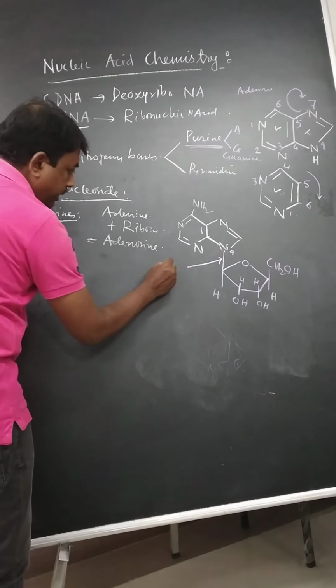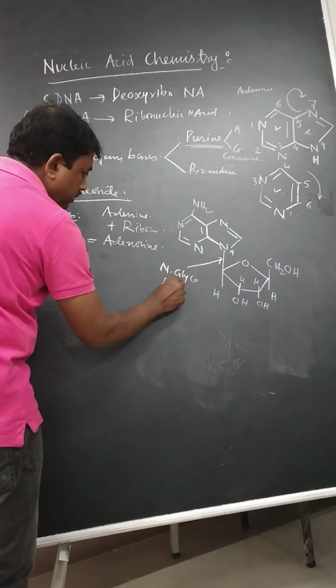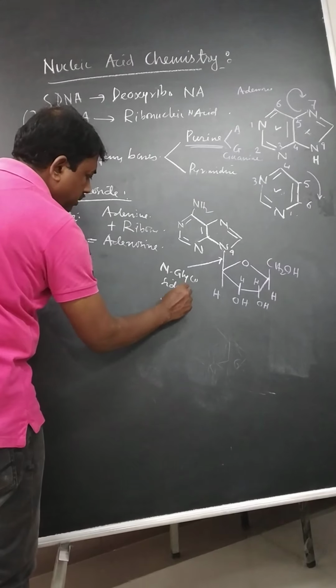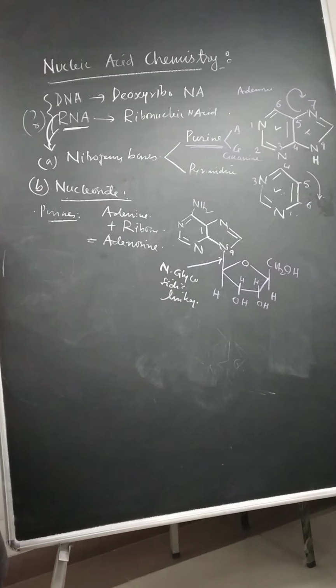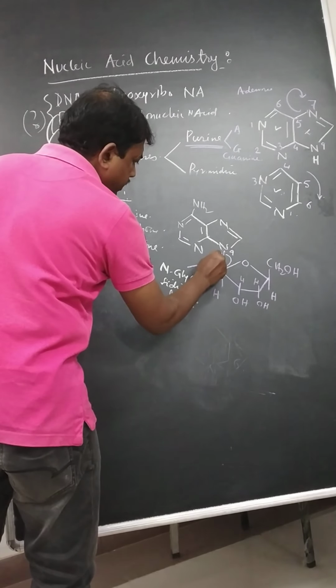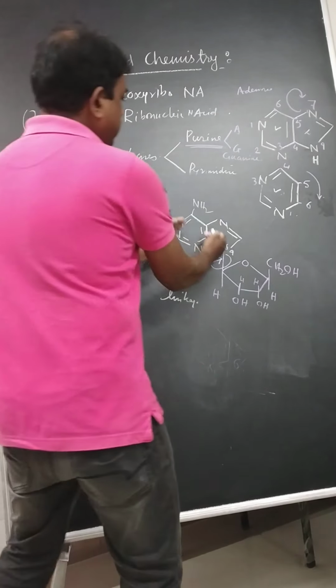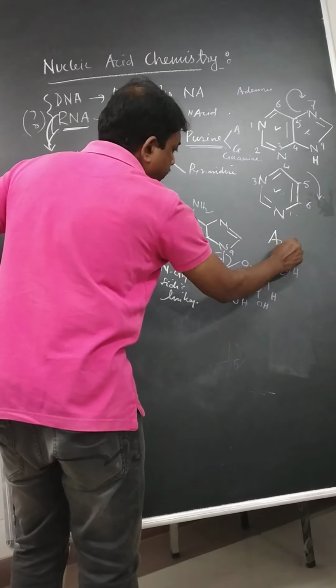In glycosidic linkage, now it can rotate around its own axis. If it is present away, this configuration is known as anti-configuration.